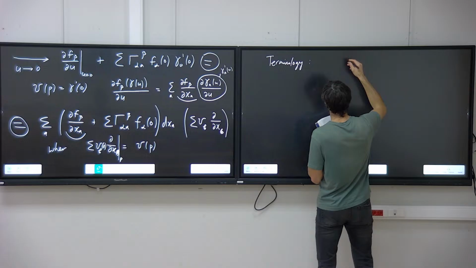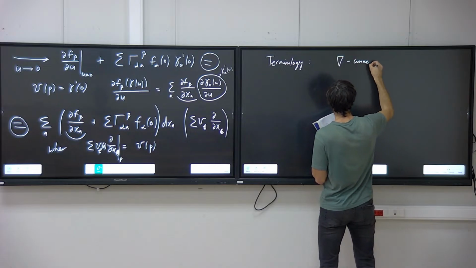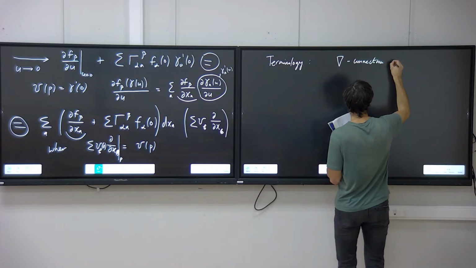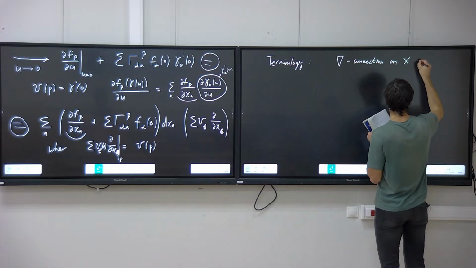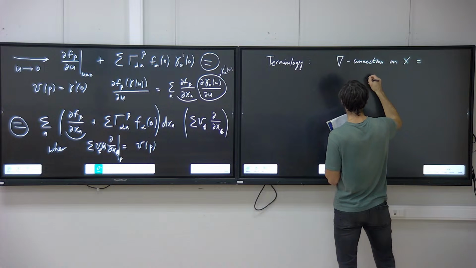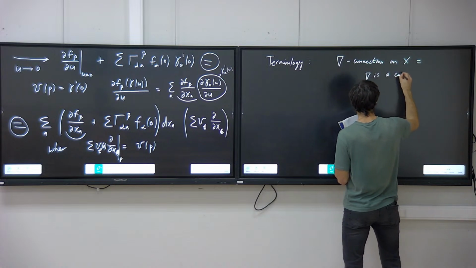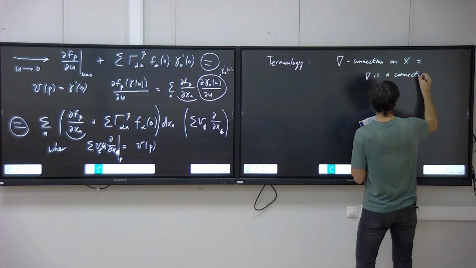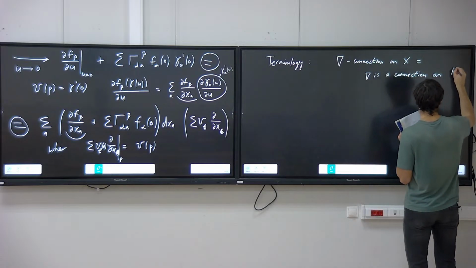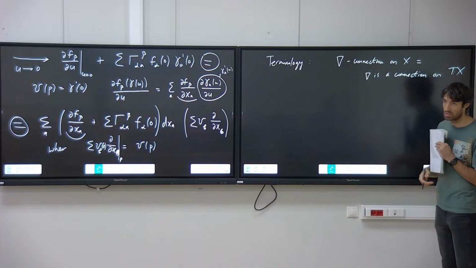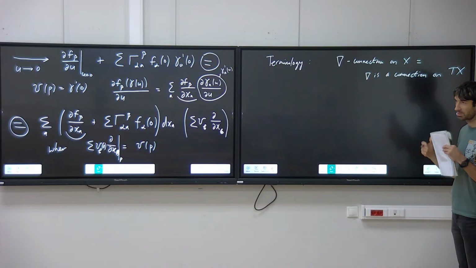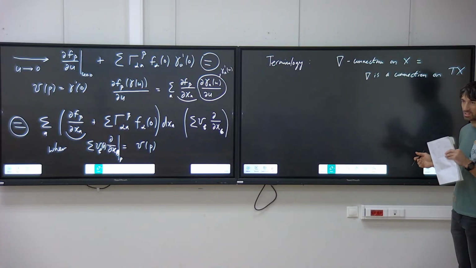When we say that nabla is a connection on X, it means that nabla is a connection on TX. So when the vector bundle is not specified, it's really TX.